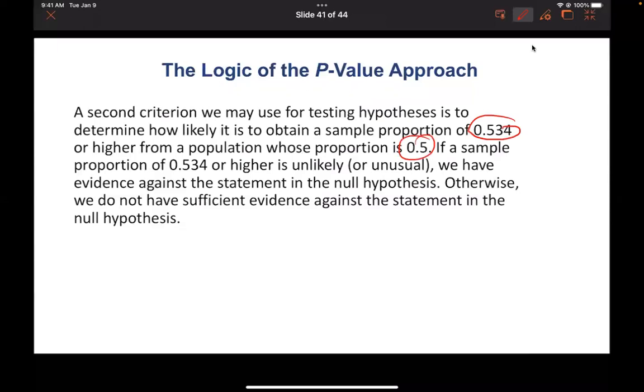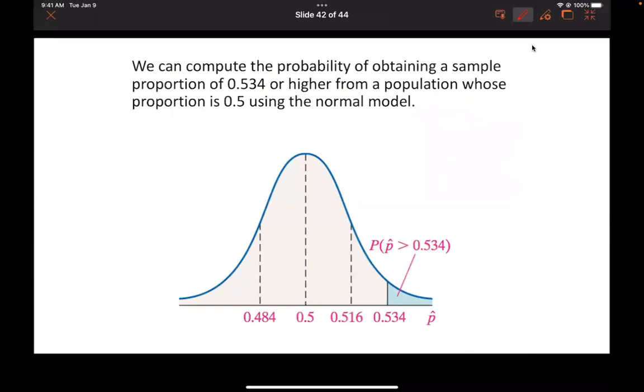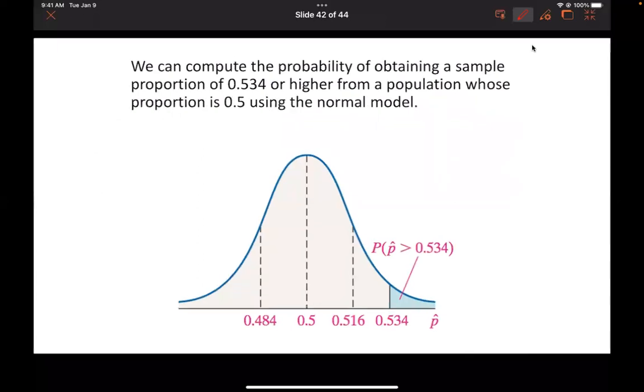If that probability is smaller than our alpha, then we would reject. So for example, I take a look at what the probability of getting 0.534 is. If that probability lands me in my tail, with this being the alpha spot, then I reject the null. So let's say alpha is 0.05.